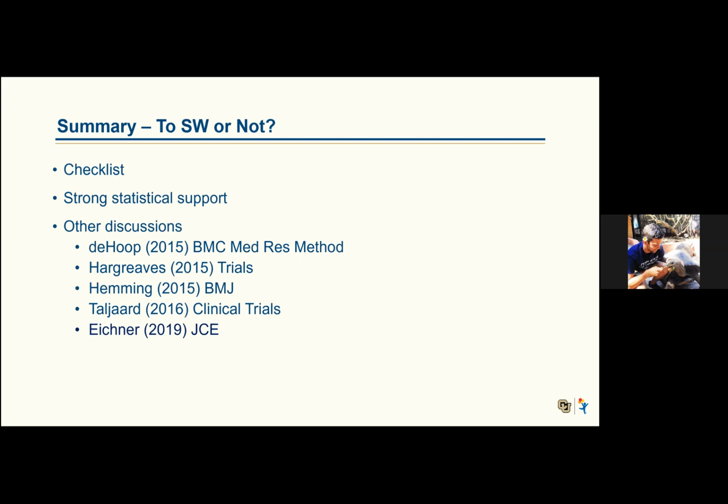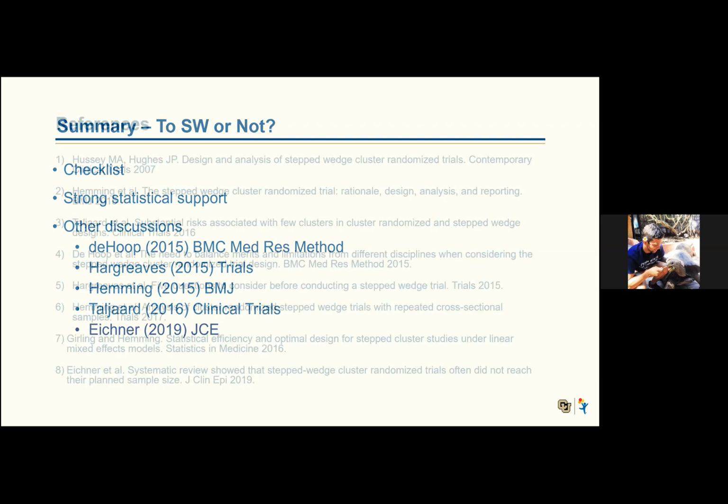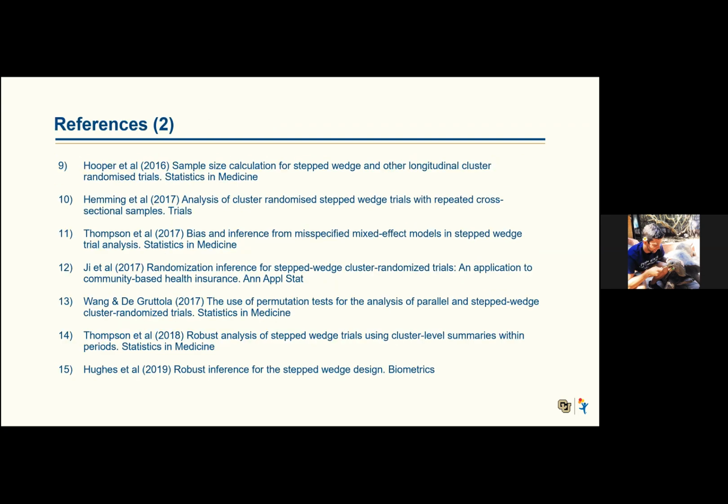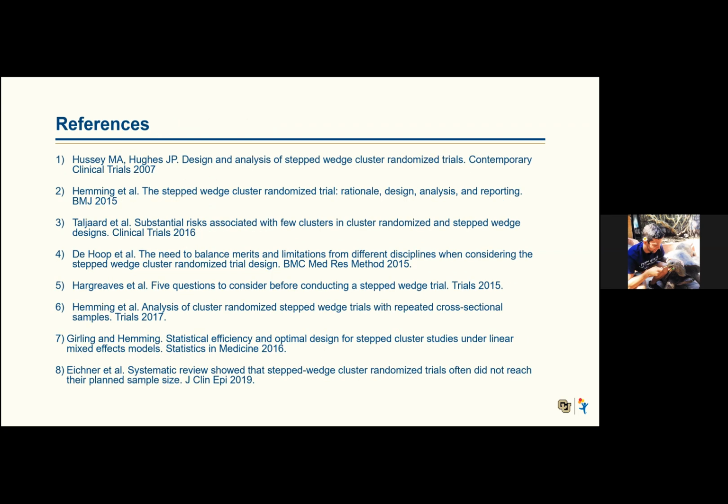And then finally, we have a bunch of references, and this is a small proportion of the references that are available, but you can see how much of this has happened in the last 5 years. There's a huge interest in this, and it's definitely an ongoing area of research for statisticians.